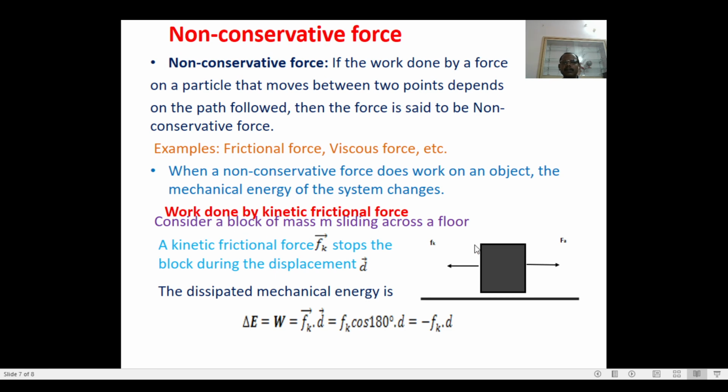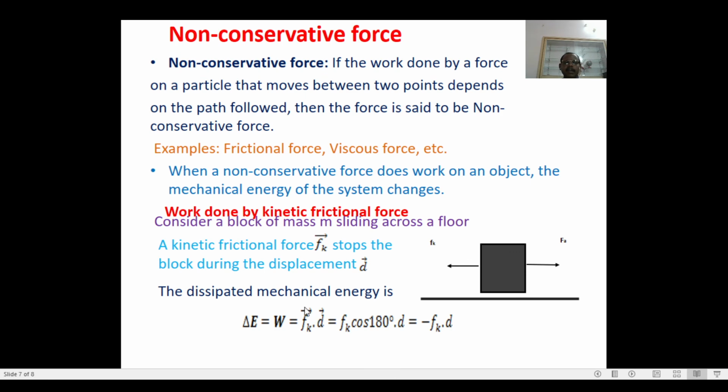Consider a block of mass m sliding across a floor. A kinetic frictional force Fk vector stops the block during the displacement vector d. The dissipated mechanical energy is the total work done, which is equal to the work done by kinetic frictional force.